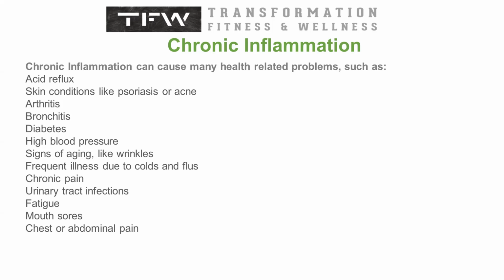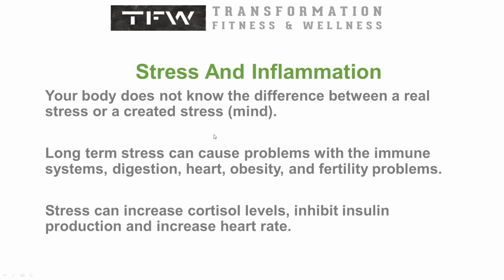Things you want to be aware of: if you eat too much fat and sugars, drink too much soda or caffeine, and don't get enough exercise, sleep, and water, it can cause all kinds of inflammation. It's quite interesting. This is why we preach a balanced diet and exercise and activity, because it helps control your inflammation.